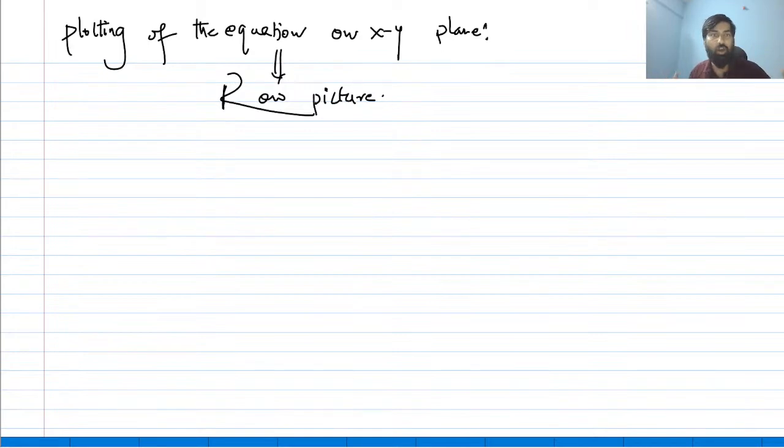Nobody has told me how to represent on xy plane. But that is not going to be new for you, right? If there are two equations and two unknowns I'm talking about, right? There will be three equations and three unknowns, you will get planes. And four equations, four unknowns, it will be very hard to represent, in fact, right? ठीक है, तो अभी two equations two unknowns के बारे में जानो.